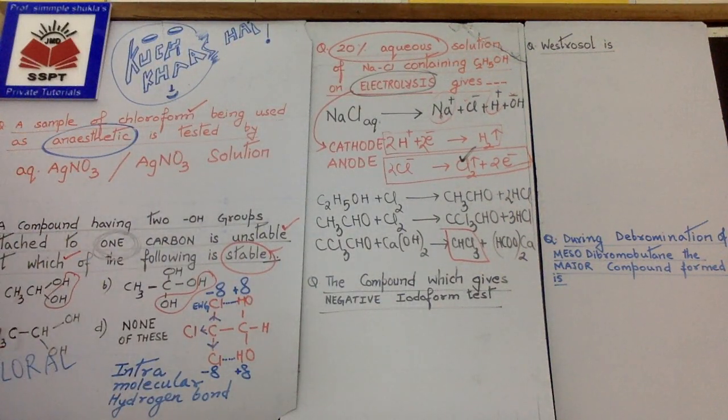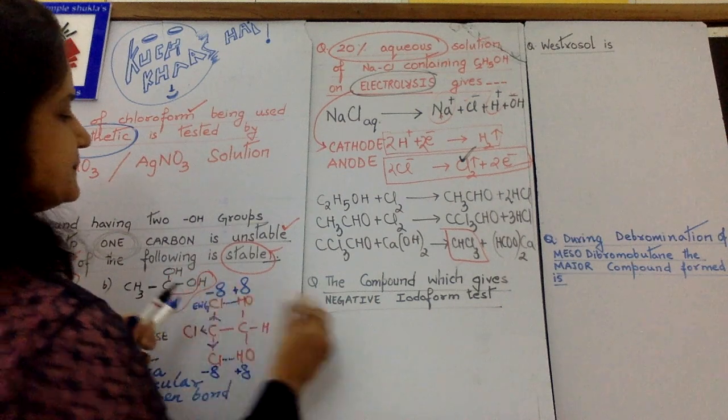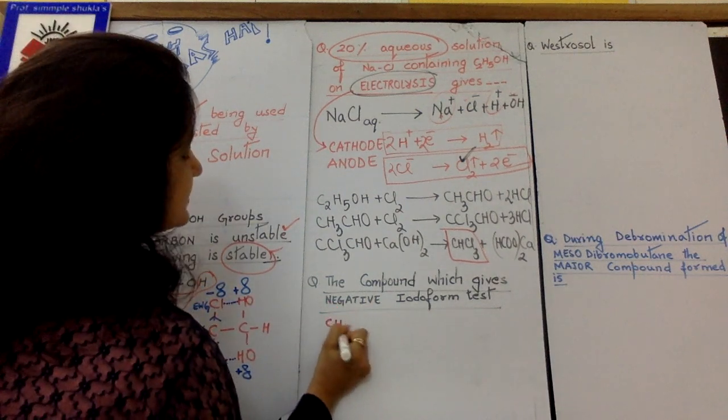Now here, the compound which gives negative iodoform test. Okay, we have not written the compounds. What are the compounds given in the book? Let me just check. Who gives negative iodoform? Oh, okay. The first molecule they have given is ethanol.